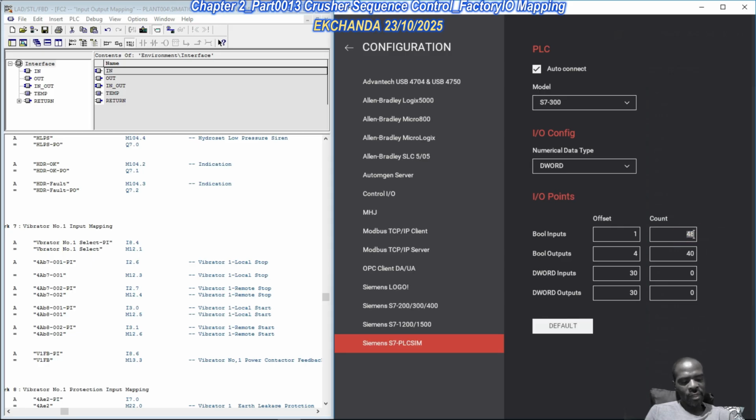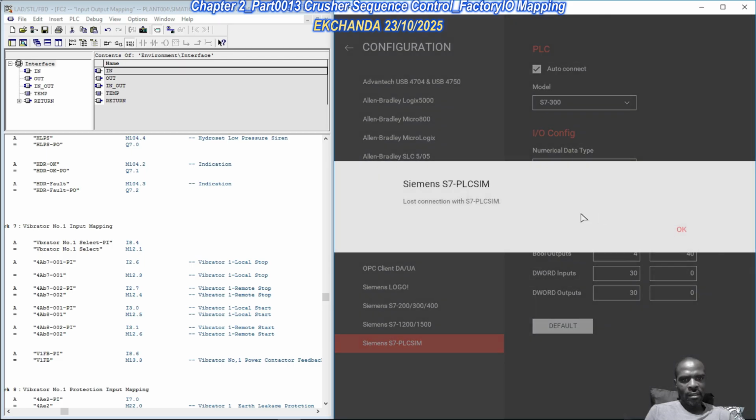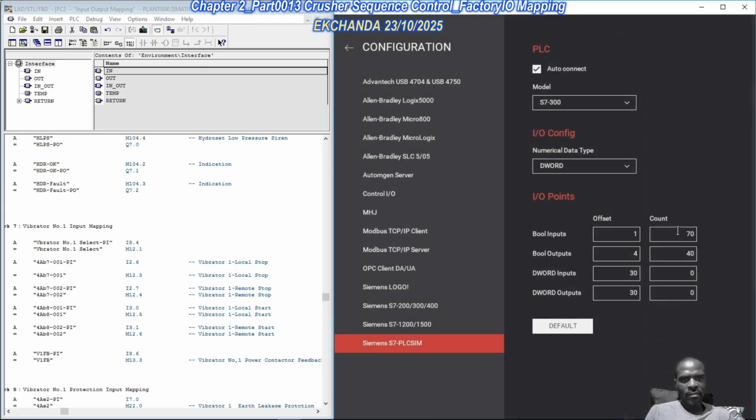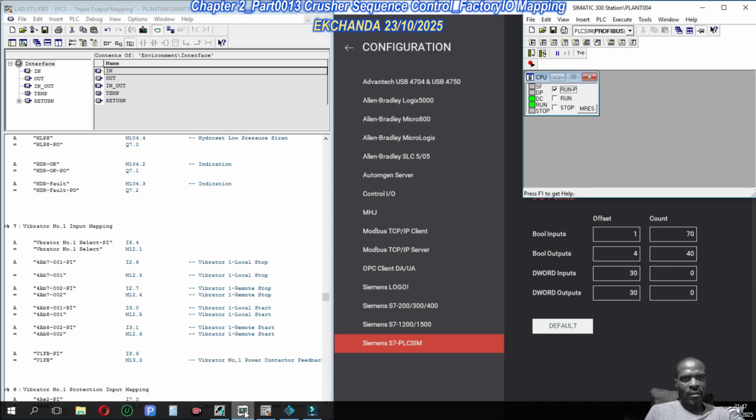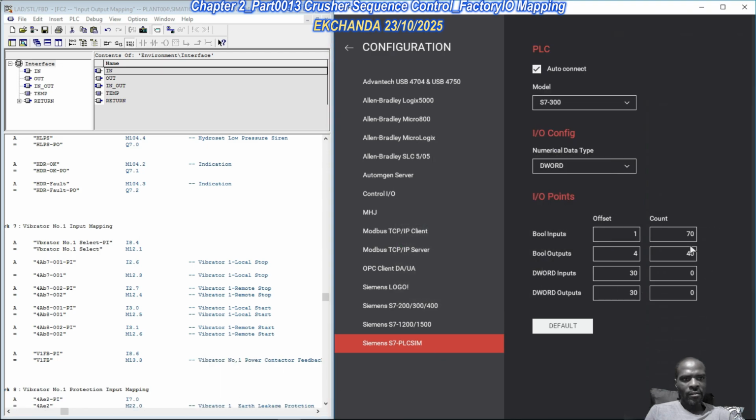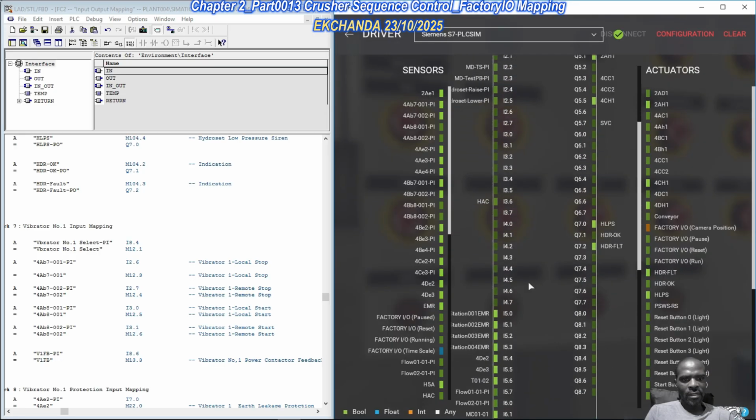How many do we need? Maybe let's move to 70. Lost connection. Are you running? Boolean inputs. Okay, let's see how far we've gotten.